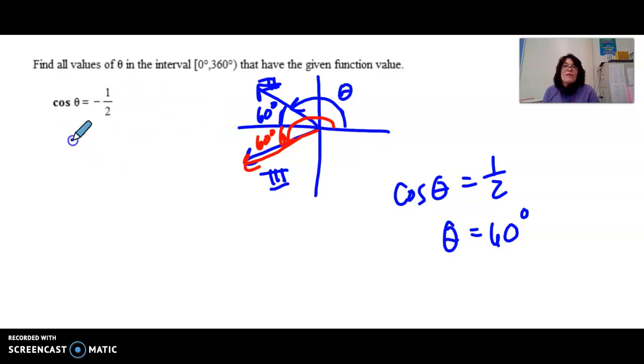So that would be 120 degrees. This angle is 60 degrees more than 180, right? I went 180 and then 60 degrees more. What's that, 240? Okay, those are the angles such that if I take the cosine of them, I get negative 1/2.